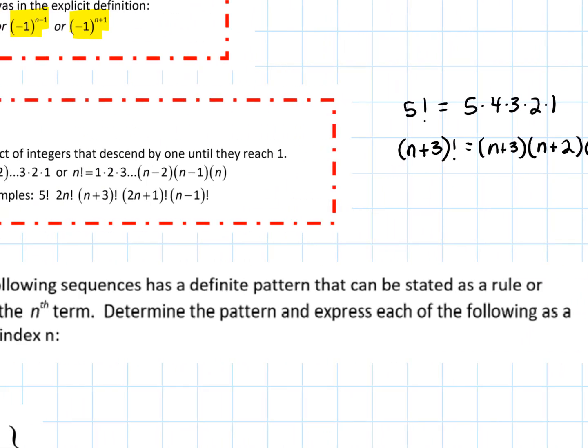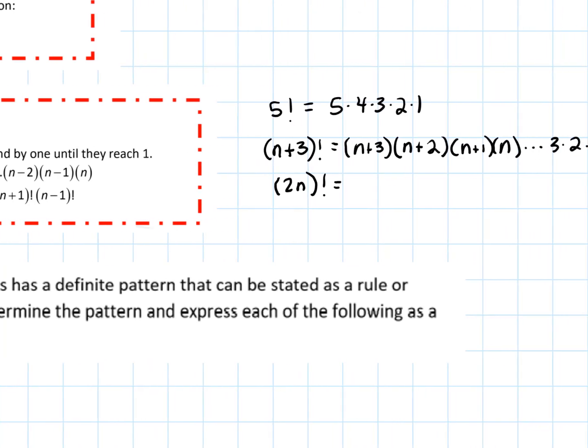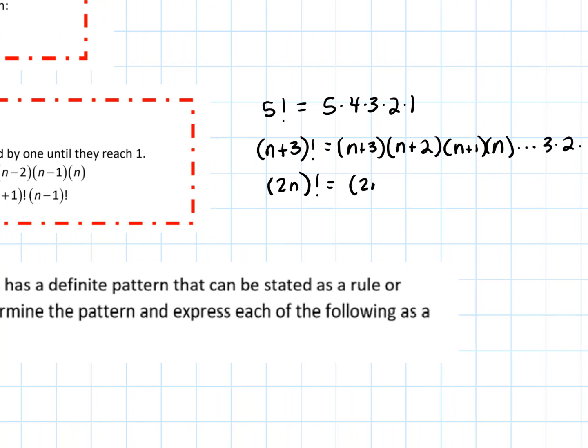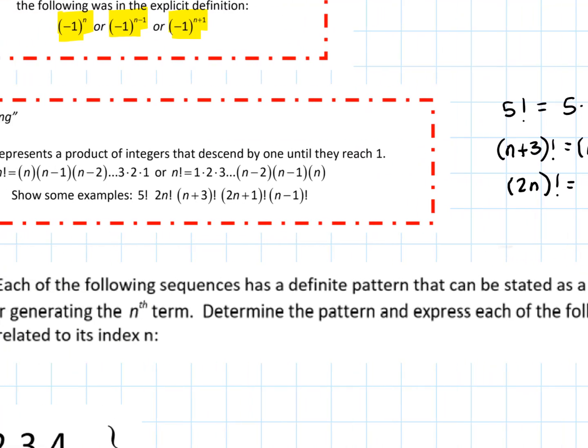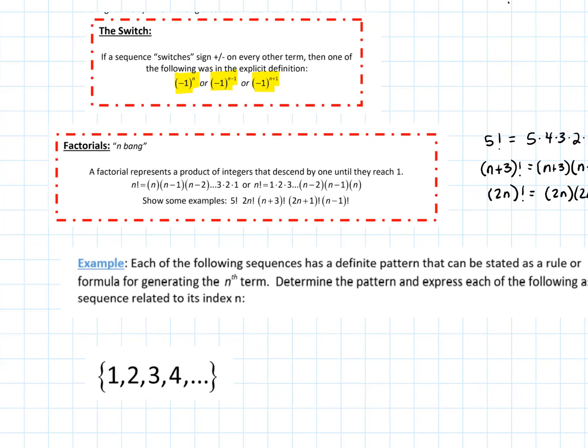If we were to have 2n factorial, then we start at 2n times 2n minus 1. We always decrease by 1, 2n minus 2, all the way down until we get to 3, 2, 1. So factorials are a lot of fun, and we're going to play a lot more with factorials as we go. So let's keep moving on here, but we will definitely do more with factorials.